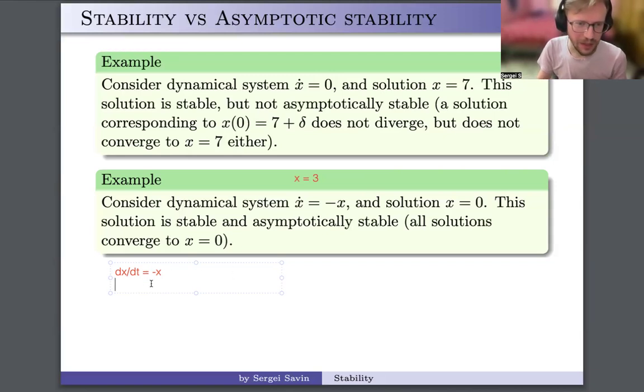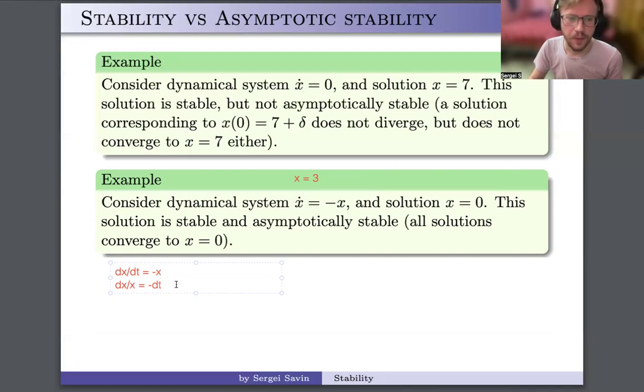Then as a next step, we say dx divided by x is equal to minus dt, right? So what I did here is I split this dx dt into two differentials, multiplied both sides by dt, and divided both sides by x.